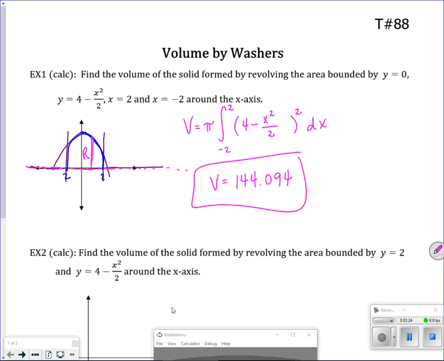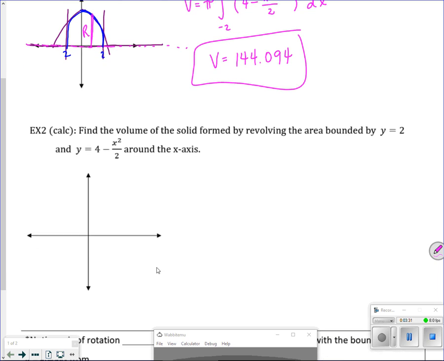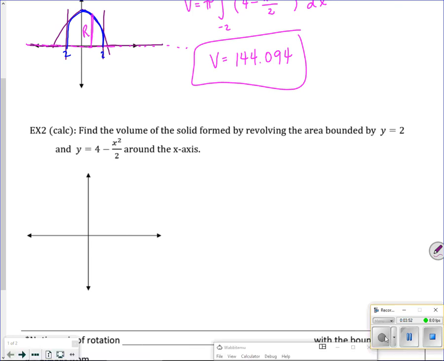Now let's look at this same type of question. Okay, find the volume of the solid formed by revolving the area bounded by y equals 2 and 4 minus x squared. Let's look at that issue. Okay, so we have our 4 minus x squared. We have that same graph.